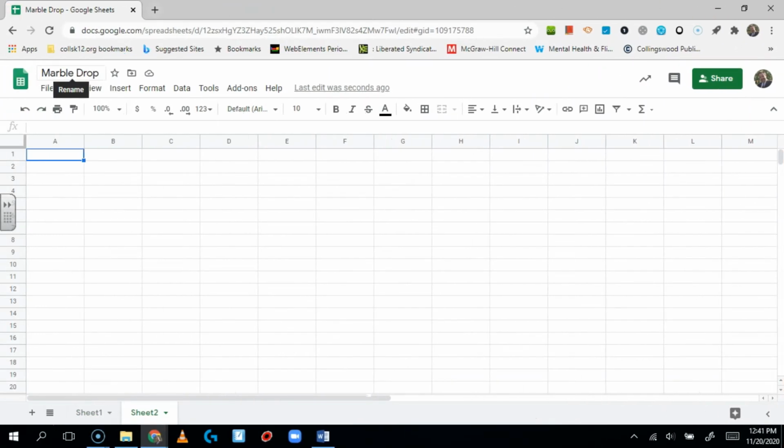So I've titled this Marble Drop, and I'm going to transfer the data from the pink and yellow data sheet onto here. So we'll do waste level, and remember that this is the lower energy electron.